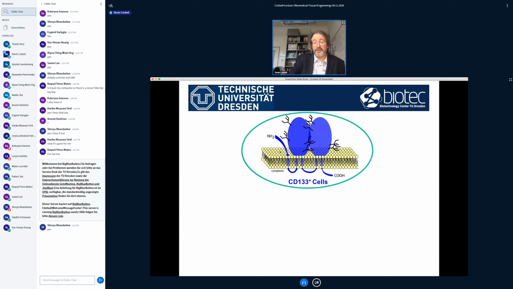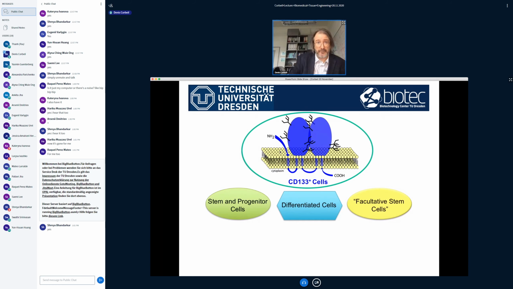CD133 positive cells are expressed in different types of populations. As I mentioned 2 weeks ago, this molecule is found in stem and progenitor cells. A lot of people became very interested in these prominin positive cells because they can isolate stem cells. However, it's also expressed in differentiated cells.